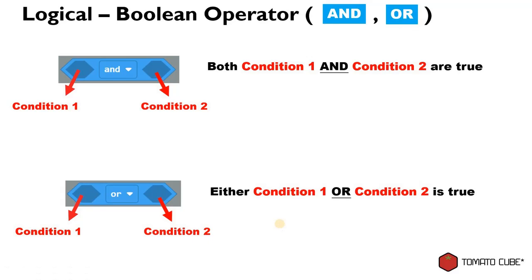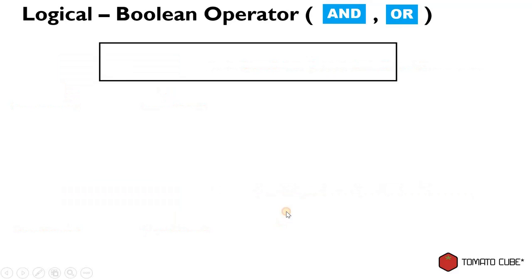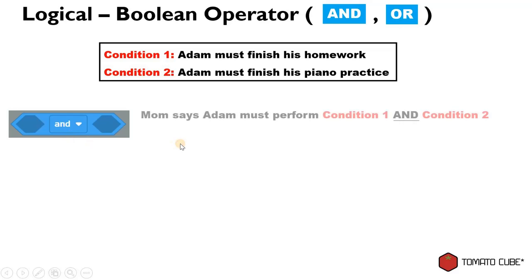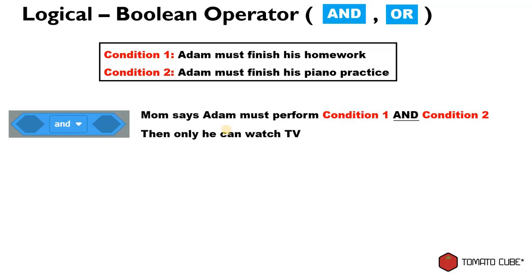Let me give you a real life example. For instance, I have two conditions. Condition 1 says that Adam must finish his homework. And condition 2 says that Adam must finish his piano practice. So if Mom uses the AND operator and says, hey, Adam must perform condition 1 and condition 2, then only he can watch TV.